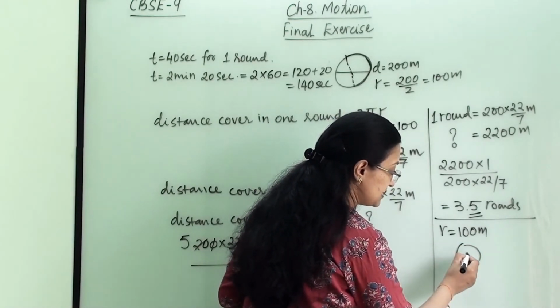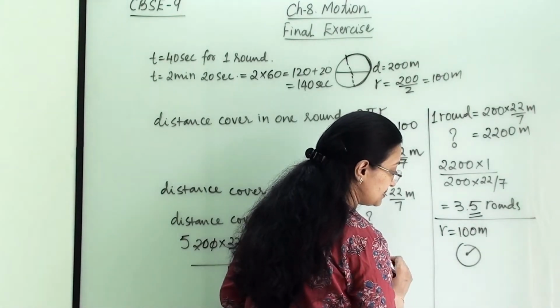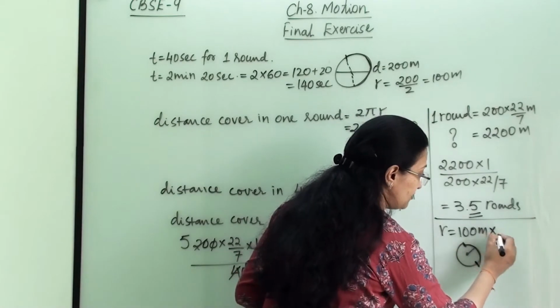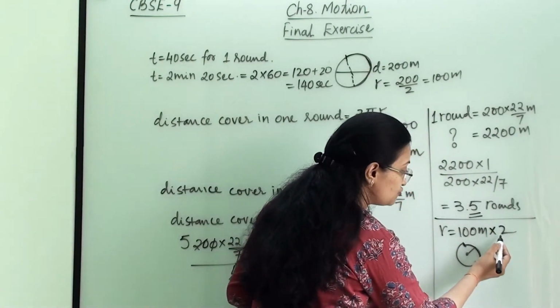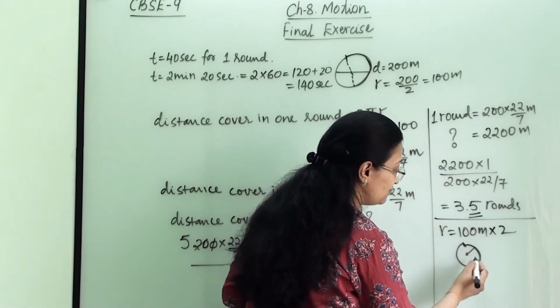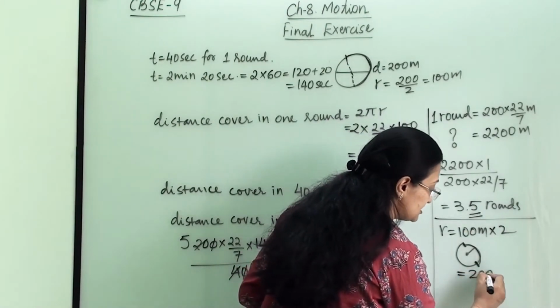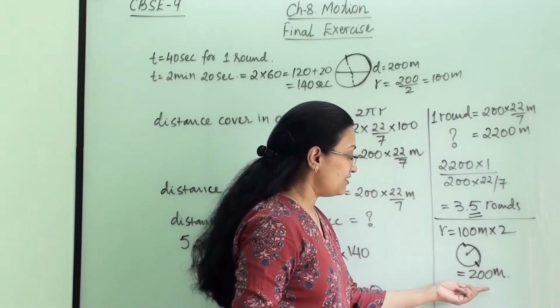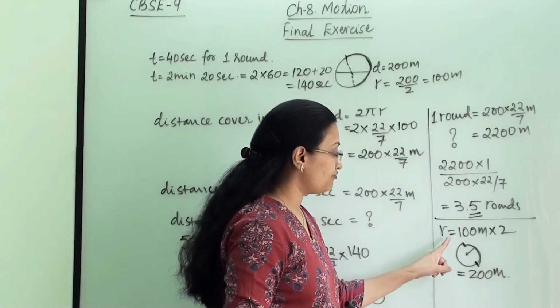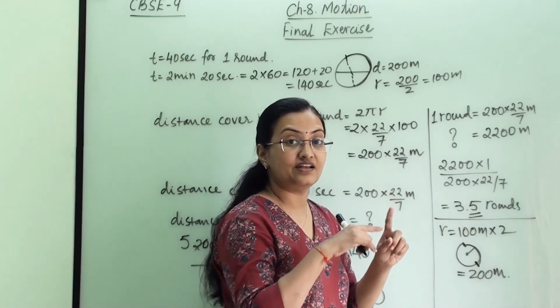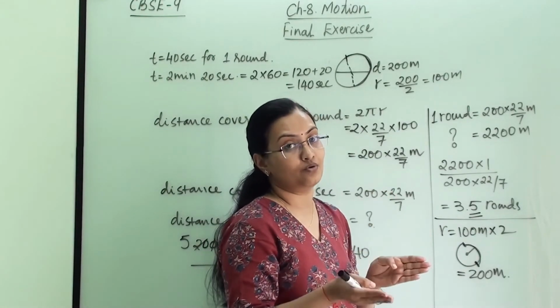If this is the center of the circle, this is the radius. And for half a circle, if we multiply 2 with the radius, we will get the distance across the half circle, that is 200 meter.